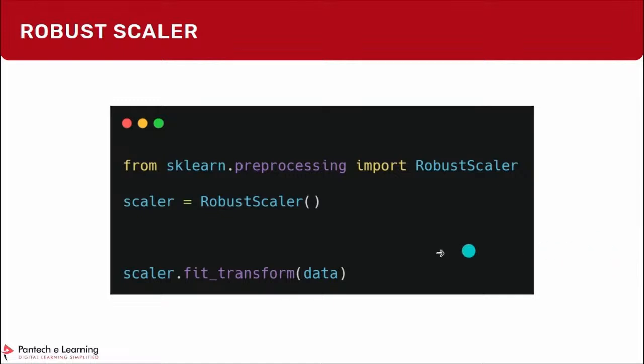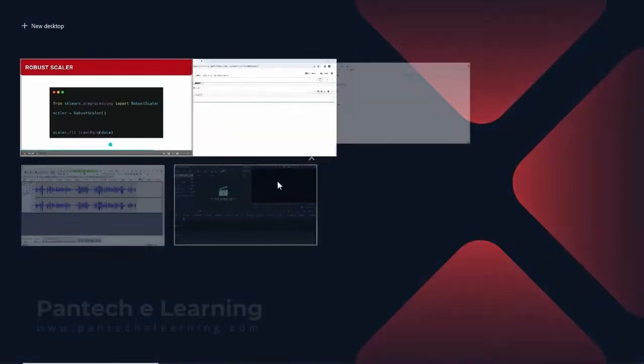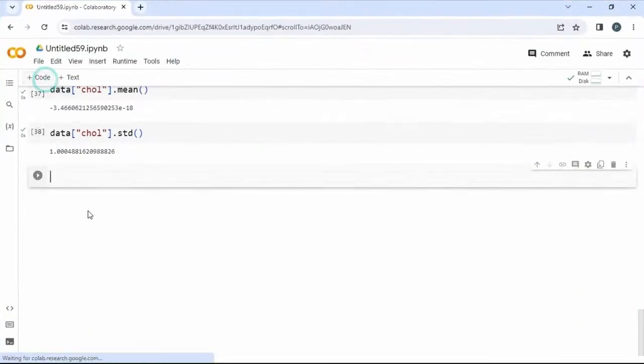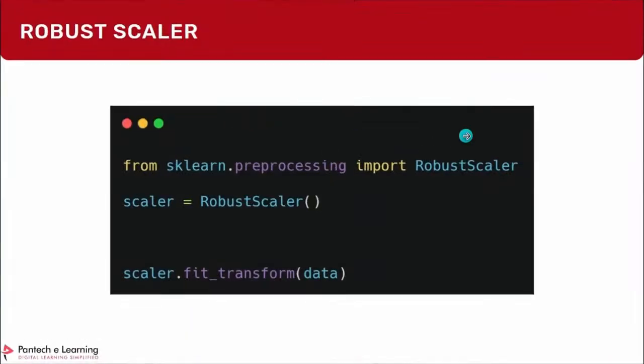To use this, you can import RobustScaler from sklearn.preprocessing, create an object, and fit and transform with it, if it is necessary.